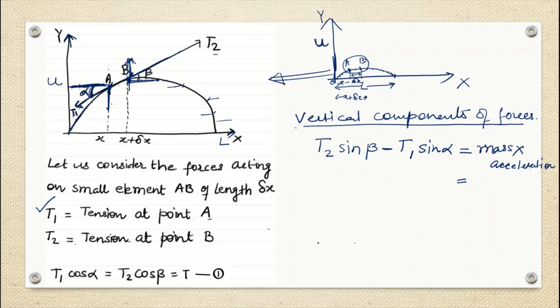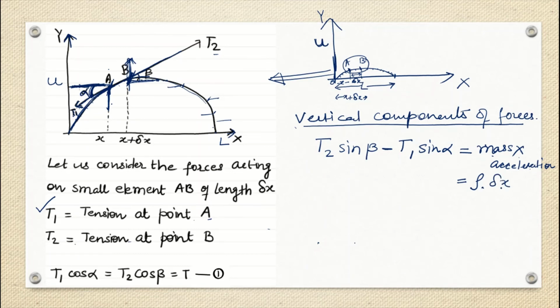We have said in the assumption that mass is uniformly located throughout the string. We have considered that mass per unit length, that is rho, throughout the string is constant. So mass will be rho into delta x.